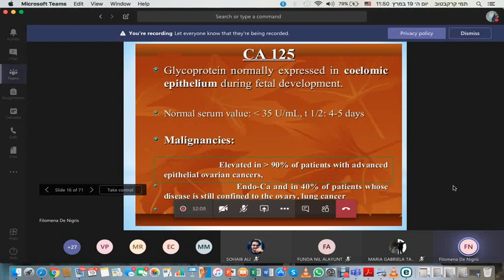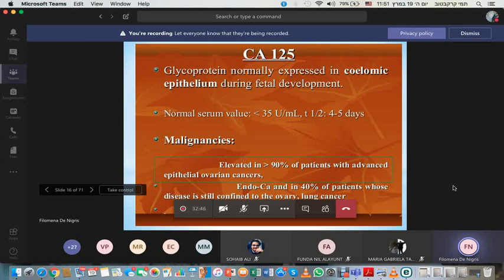CA125 is a glycoprotein released in the blood from tumor cells. Because it is of fetal origin, this antigen is not expressed in healthy patients and is not expressed during adult life. The percentage means that some patients are negative to this marker, but they also have ovarian cancer.